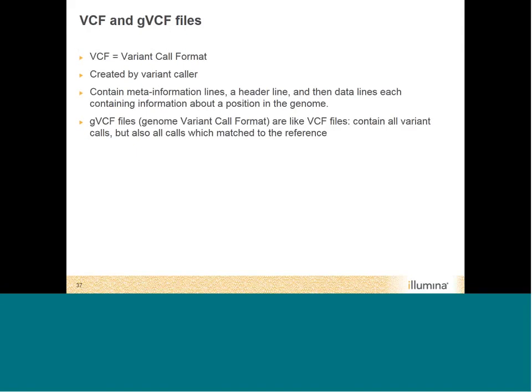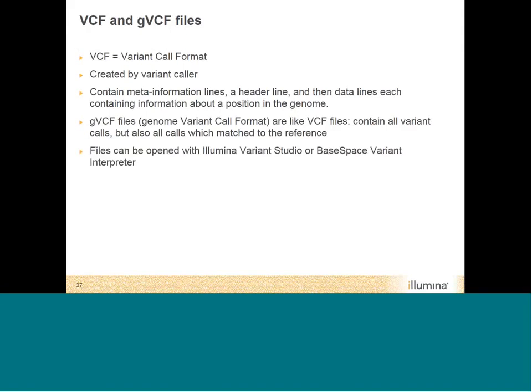Those are very similar to the VCF file, but just contain additional information. So in addition to our variant calls, you also have all the calls that match the reference. Sometimes when I go to the GVCF file, it's because perhaps I was expecting a certain variant, I don't find it in my VCF file, then I go to the GVCF just to see what was going on at that position.